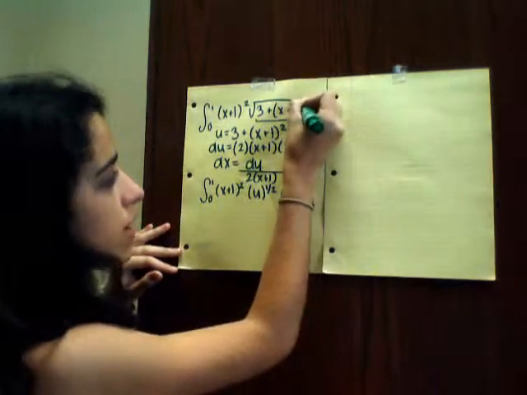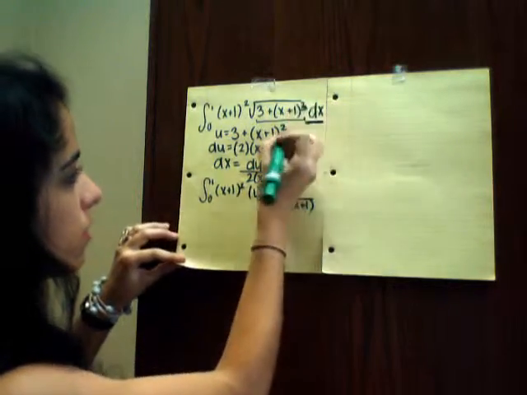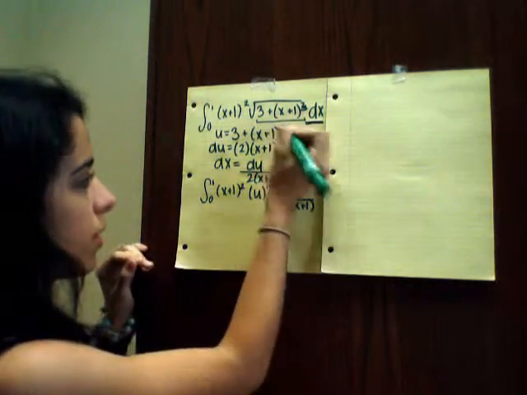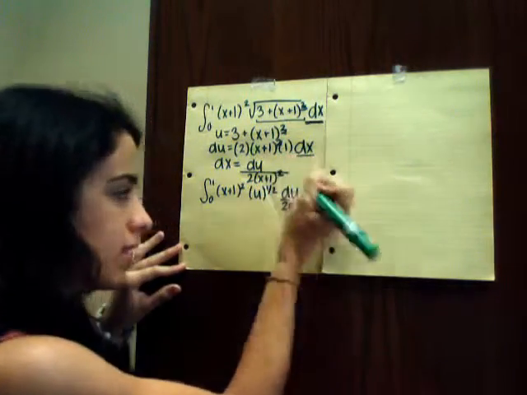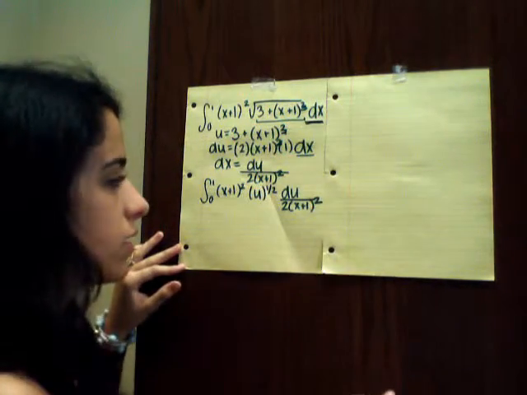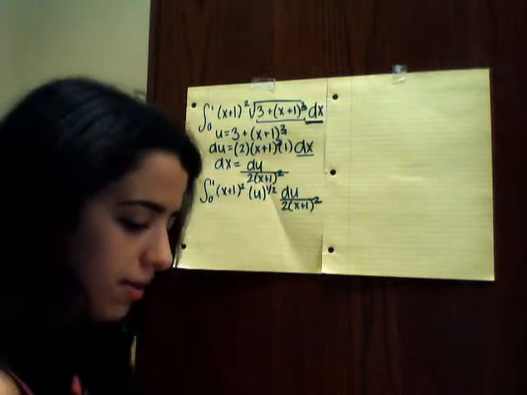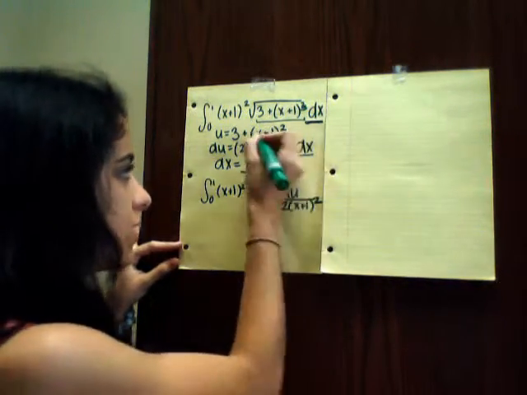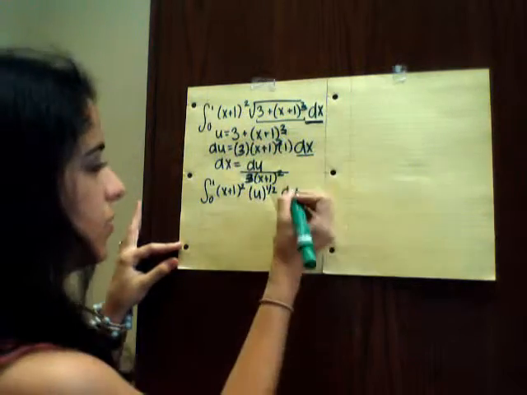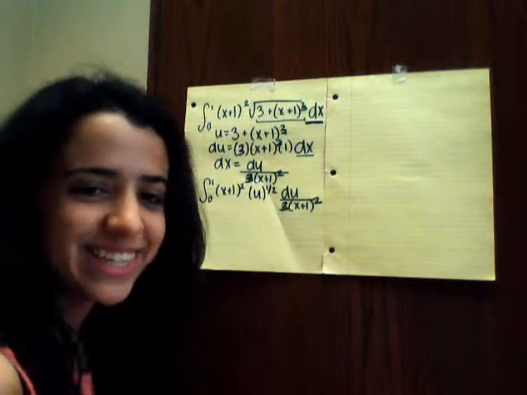Oh, this was to the third power. So this is going to be third power, and this is to the second power, and this is going to become a 3 instead of a 2. There we go. Now that makes sense.